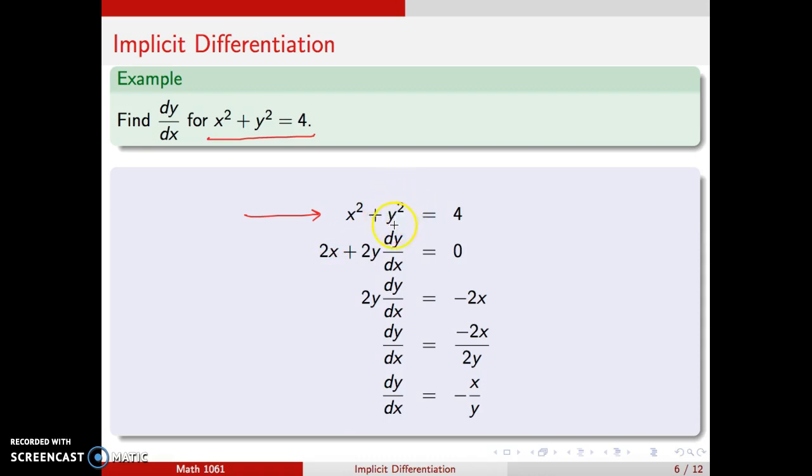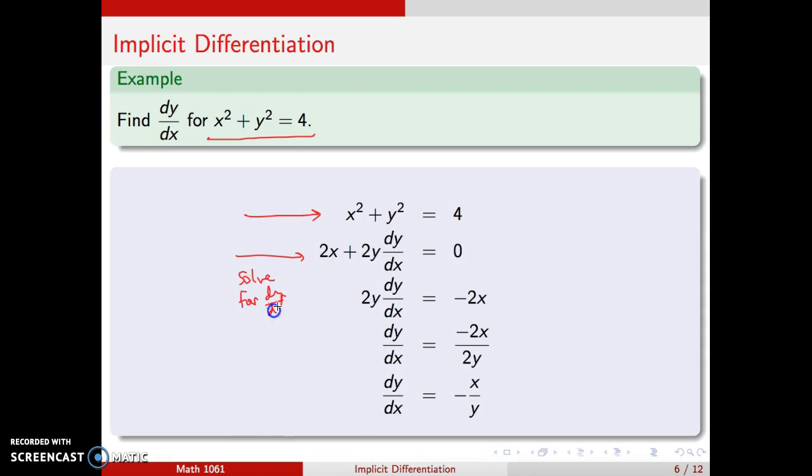Here I'm thinking of y as an implicitly defined function of x, so imagine with the chain rule that function sitting inside the square term. The outer function is a square, so you bring down the 2, getting 2y to the 1 times the derivative of the inside, which is dy/dx. On the other side we've got a constant, and its derivative is just 0.